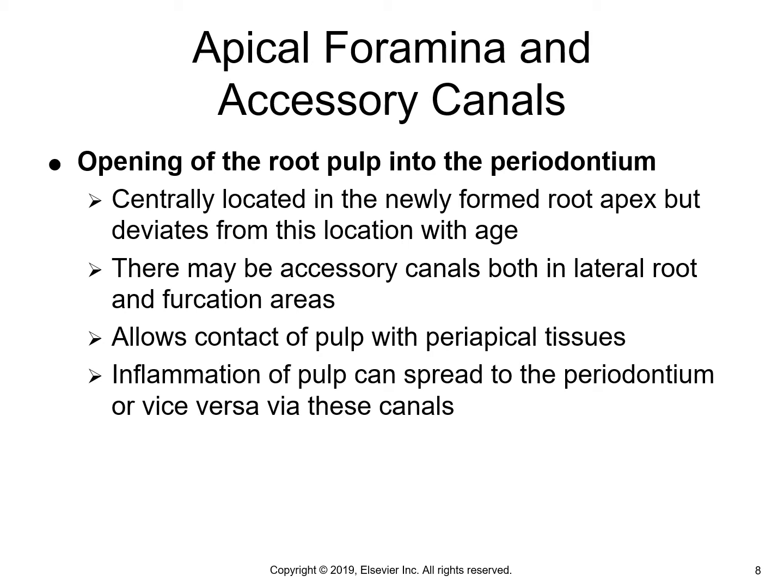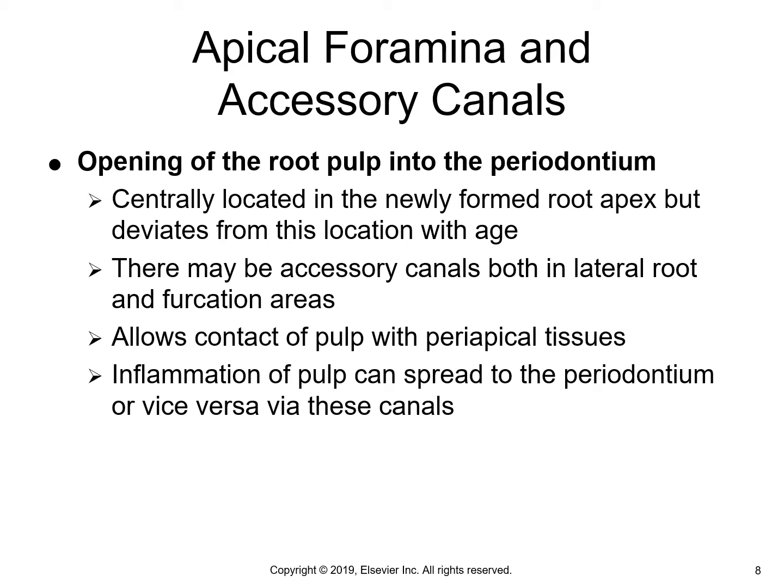The apical foramina and accessory canals are found at the opening of that root pulp into the periodontium. Usually it is centrally located right at the root apex, but can deviate as we age. And over time, accessory canals can be seen and formed on the lateral root as well as in the furcation areas of multi-rooted teeth.